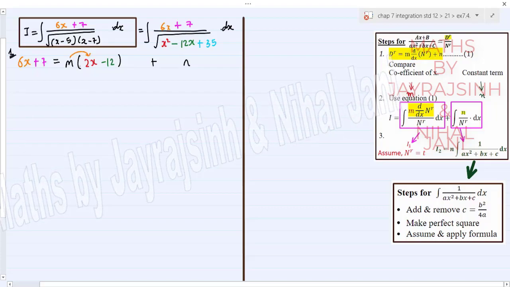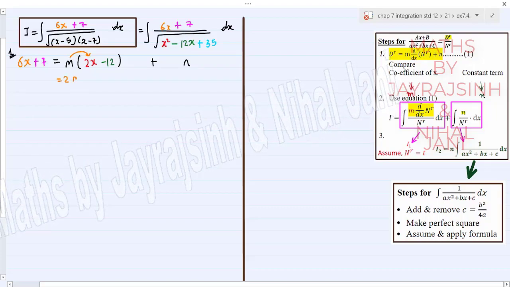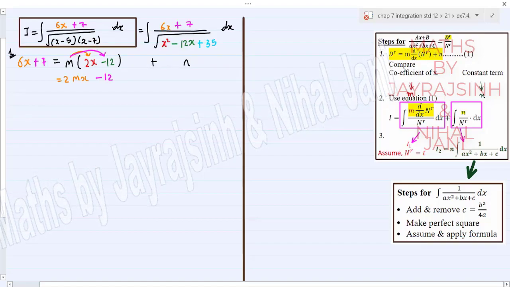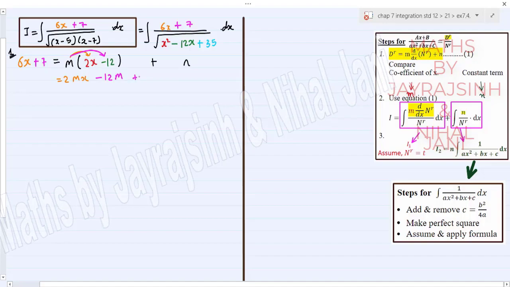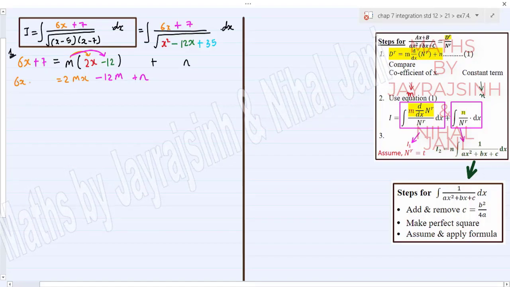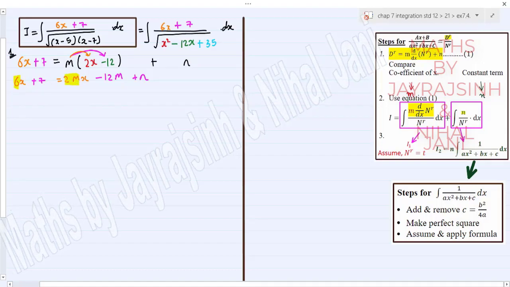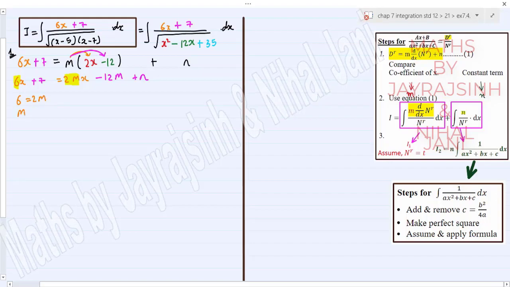Now let's simplify our right hand side. M multiplied with 2x will give us 2mx. M multiplied with 12 will give us minus 12m plus n. But on the left hand side we have 6x plus 7. So if we compare the coefficient of x, we will get 6 is equal to 2m, or we can say m is equal to 3.